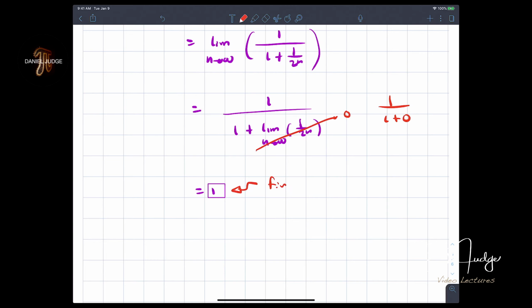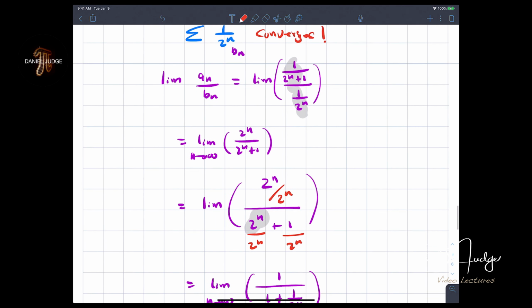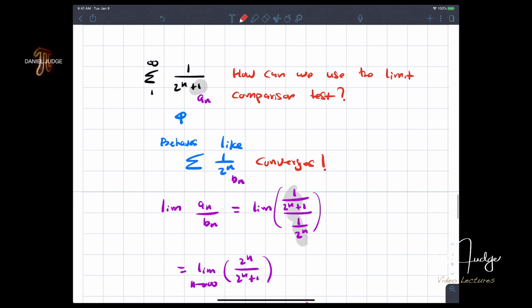This is finite. This is that c in the limit comparison test. And so the knowledge of us comparing to a convergent geometric series now says, guess what? This also converges. But we already knew that because we actually compared it. And that's an example of the limit comparison test, ladies and gentlemen.